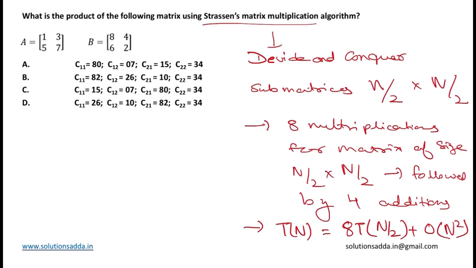We see that A is given as 1 3 5 7, B is given as 8 4 6 2. So C, which is the multiplication of A cross B, equals 1 cross 8 plus 3 cross 6.